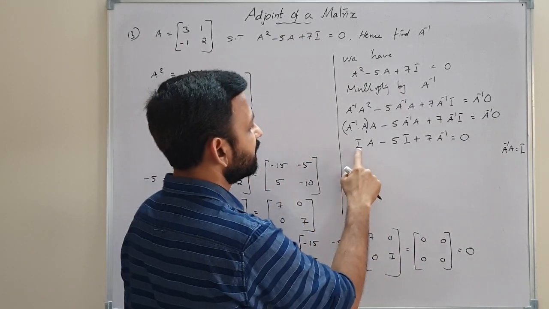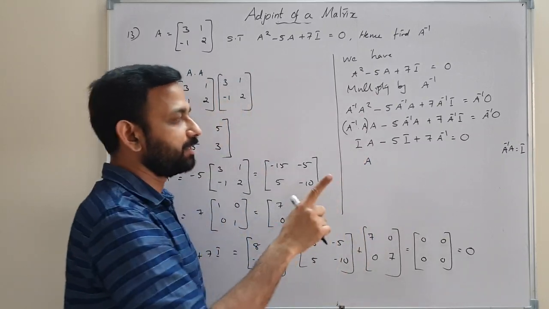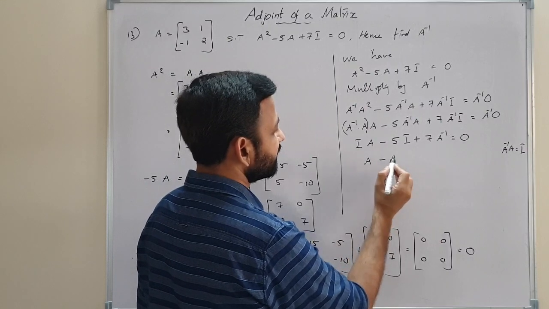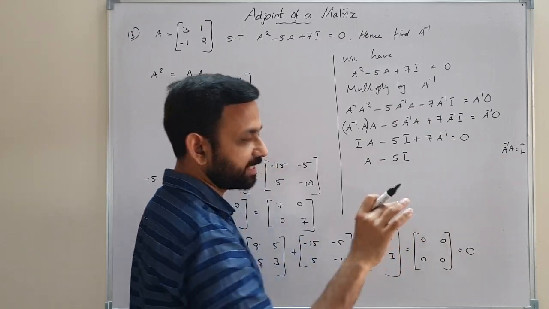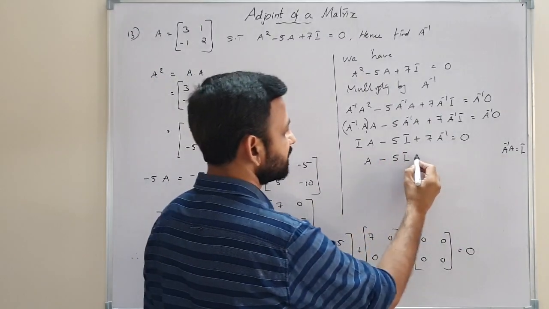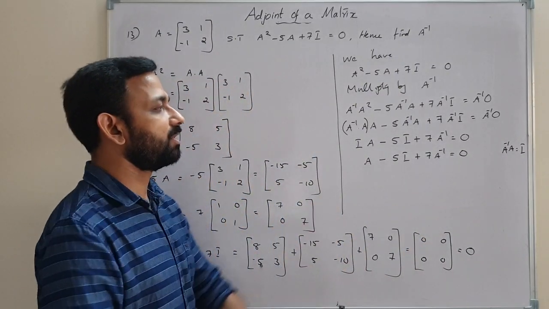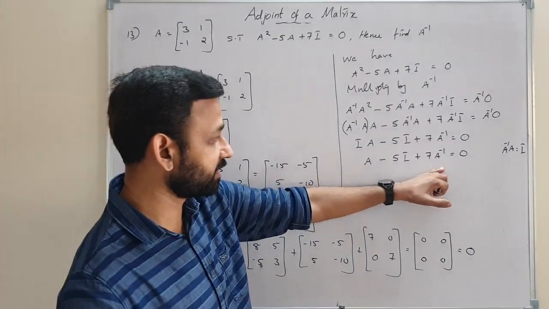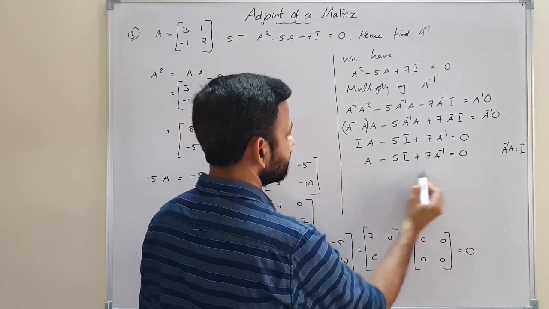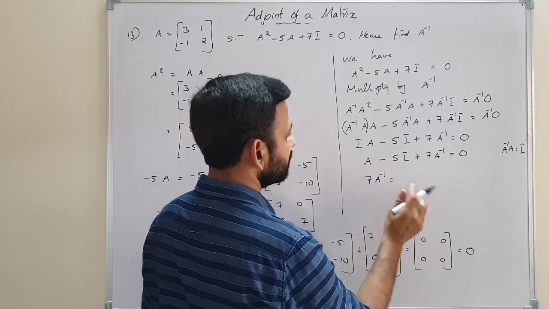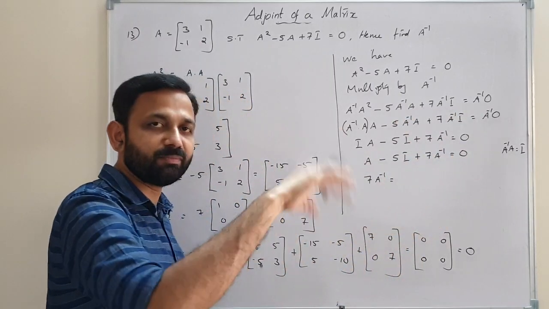Now again one more step. Identity matrix into A will be A only. A into identity matrix will be A, minus 5 into identity matrix, we can take 5 inside the matrix, plus 7 A inverse equal to 0 matrix. Now we keep only A inverse on the left side and take the rest of the terms from left to right. So 7 A inverse is equal to, on the right side we have the 0 matrix.